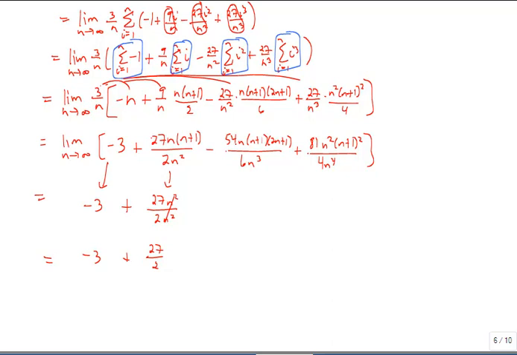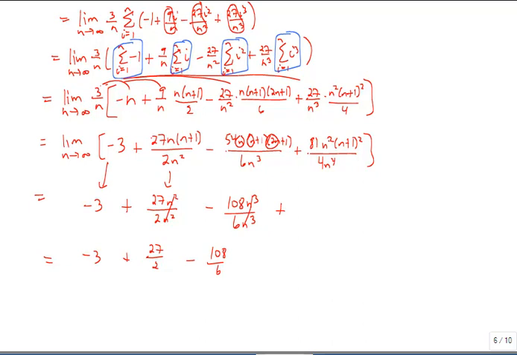For this one, we'll get a 54 times an n times an n times a 2n. So 54 times 2 is 108, and we'll get an n cubed, and on the bottom we have a 6n cubed. So this is 108 over 6 because those n cubes will cancel.